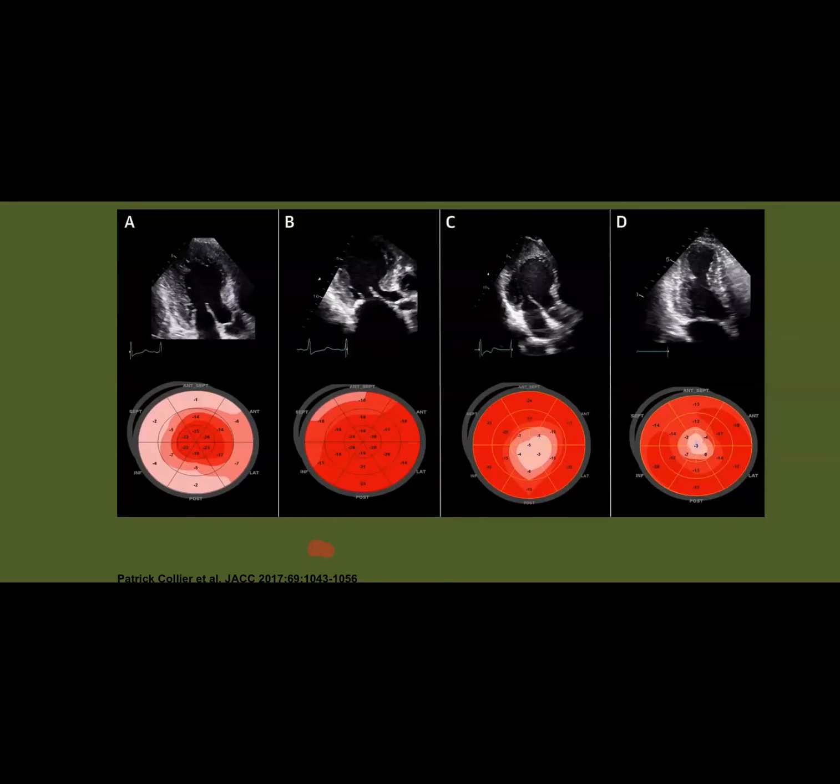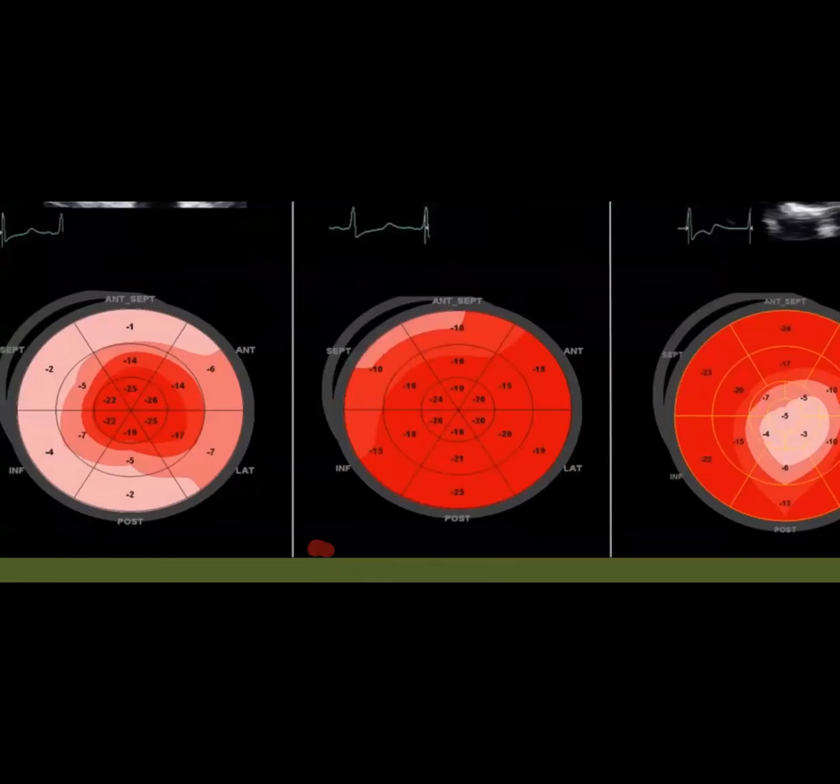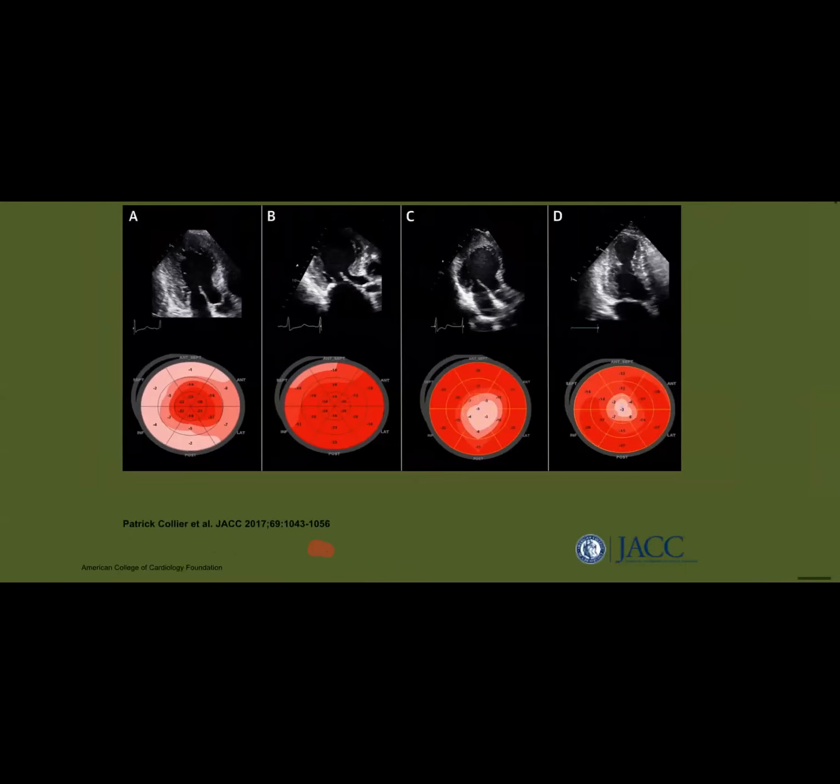Now, what about B? B is HCM, and you see the septum has low strain. You see that part? This is the asymmetrical septal hypertrophy. Now, what about C? C is the apical variant of HCM. So this is apical HCM.